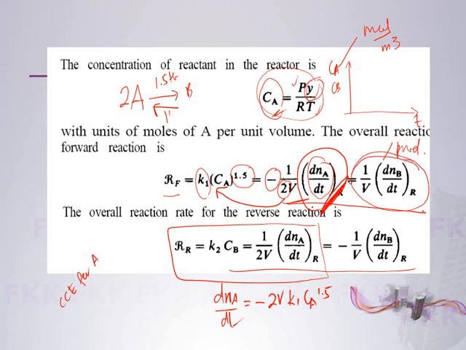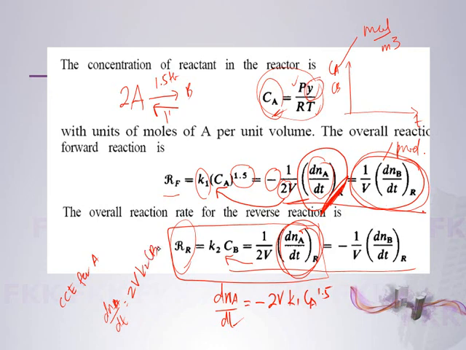Now we want to do dNB as well. For the reverse reaction, we are going to do dNA over dt, so it becomes dNA over dt equals 2V K2 CB.